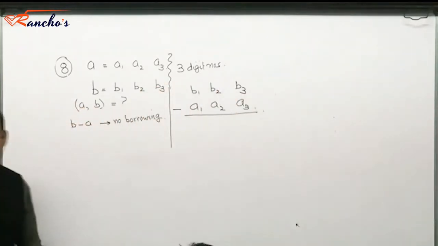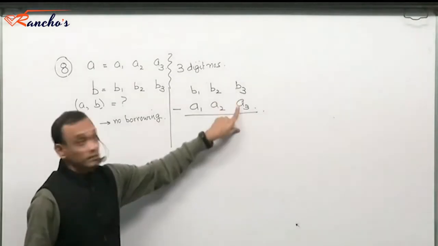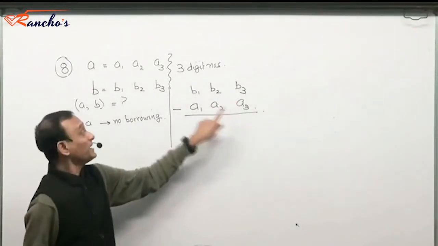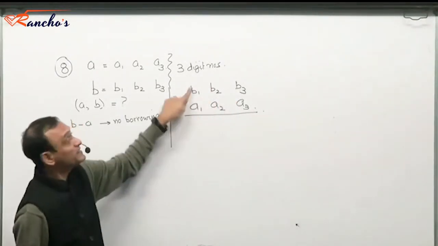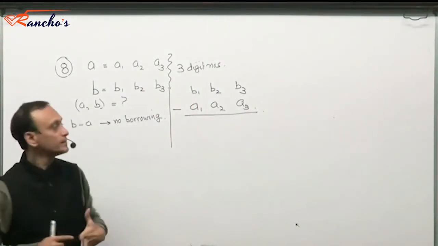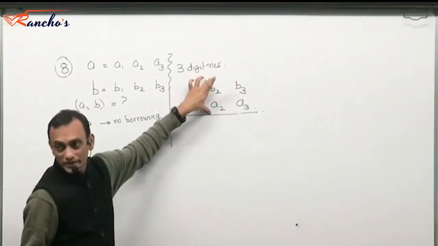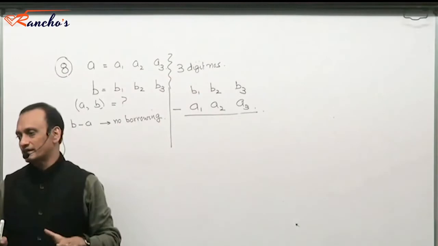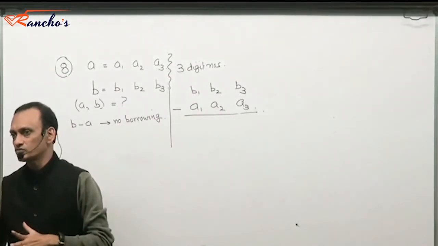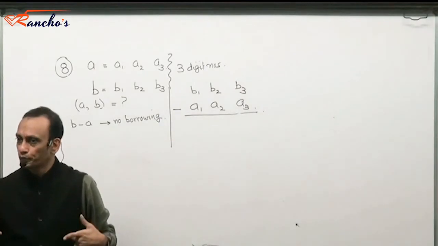It's about suitably selecting B3 and A3, and selecting B2, A2, and selecting B1, A1. So it's like in how many ways B3, A3 could be selected and B2, A2 could be selected and B1, A1 could be selected. I'll have to multiply the three numbers so that there is no borrowing involved.